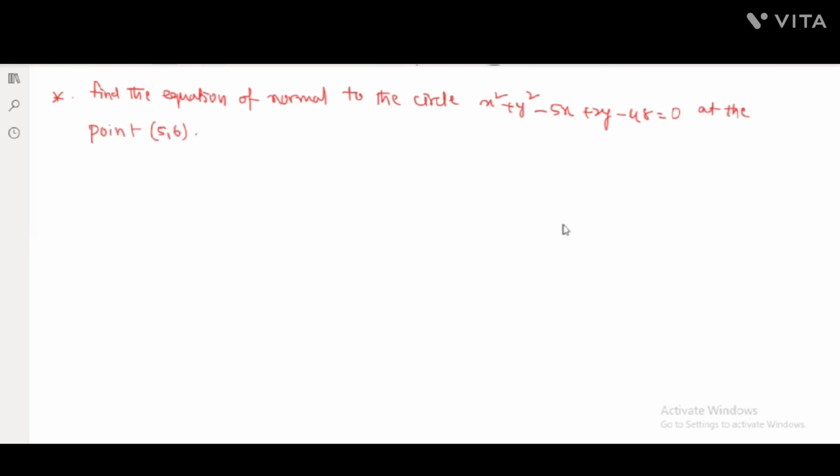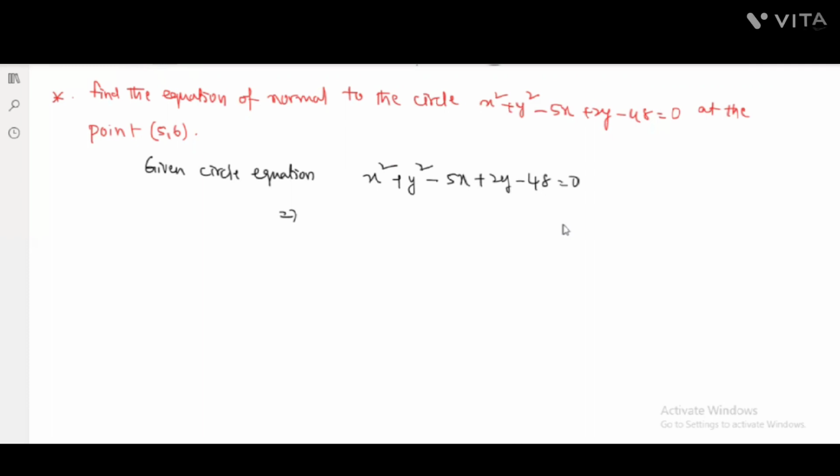So what is the circle equation they're given? So here given circle equation is x square plus y square minus 5x plus 2y minus 48 is equal to 0.